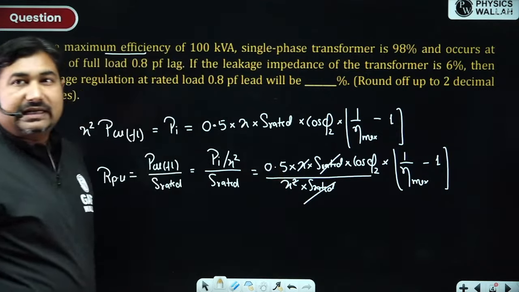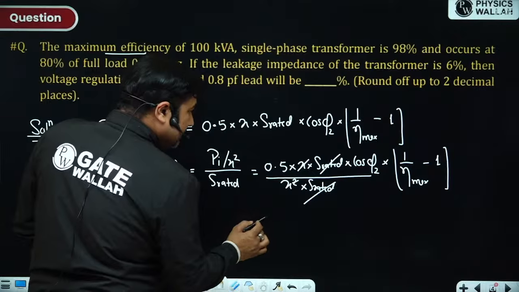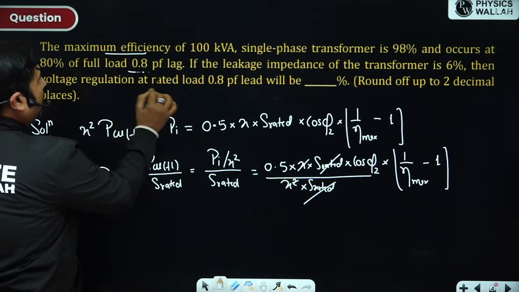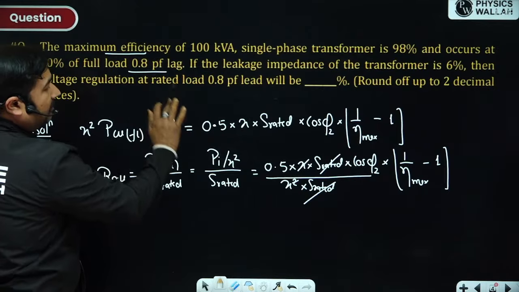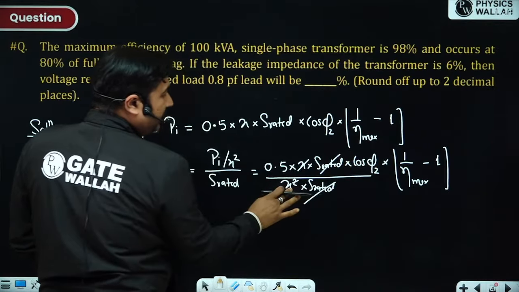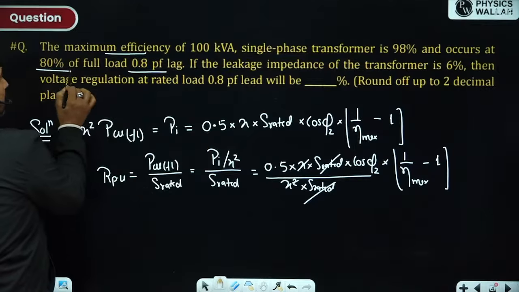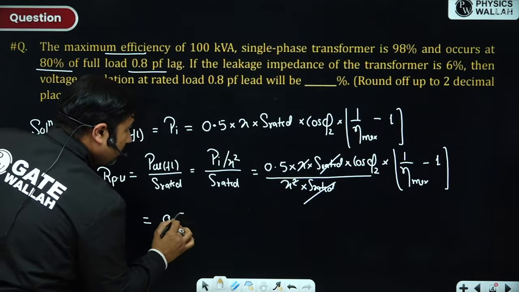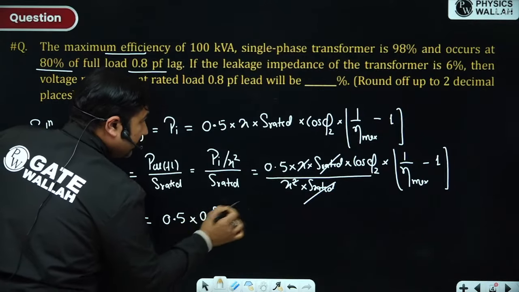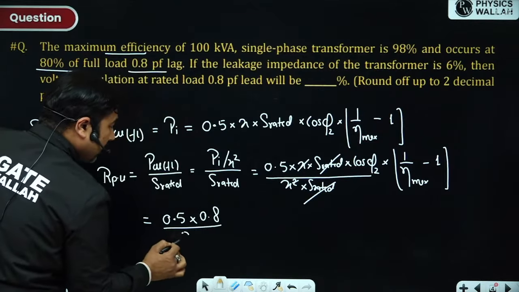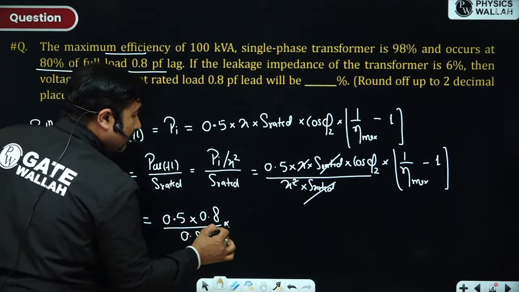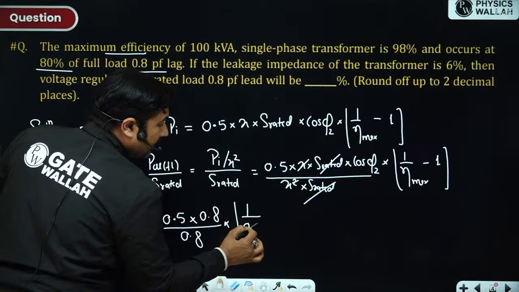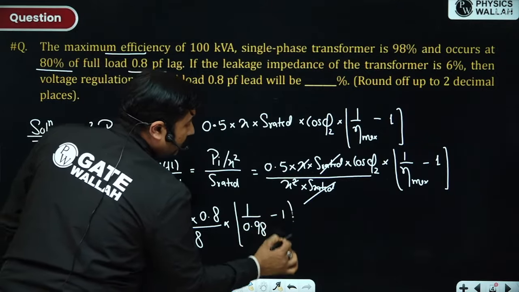Is it okay? Yes, sir. So very easy one now, sir. Power factor is also 0.8. At 0.8 lag power factor, maximum efficiency occurs, so cos phi is 0.8. x is 80% of full load, that is also going to be cancelled out. So this will be 0.5 into 0.8, the power factor at which maximum efficiency occurs, into 1 upon 0.98 minus 1.